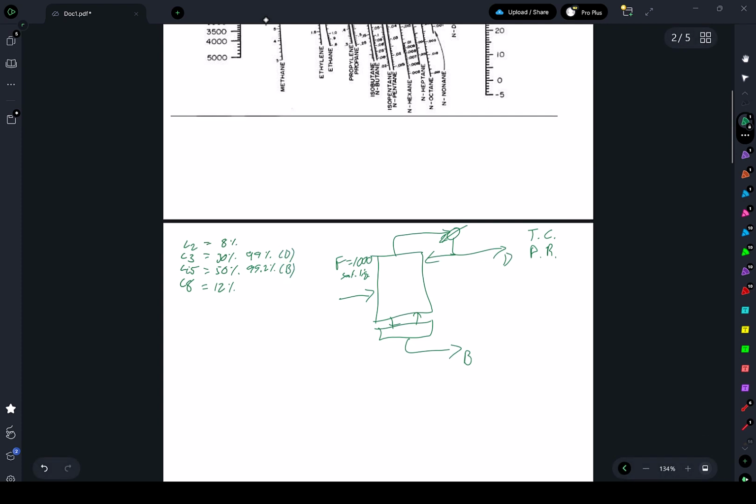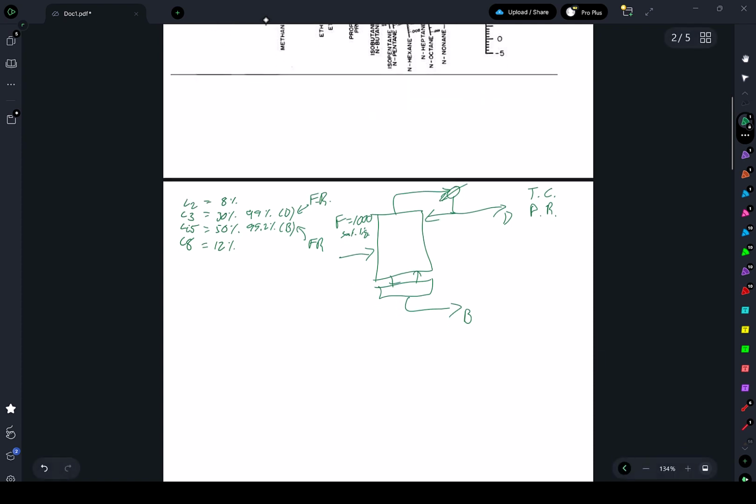If we have a solution that's 8%, 30%, 50%, and 12% C2, C3, CI5, and C8, and we want a fractional recovery of 99% and 99.2% of our propane and our isopentane.